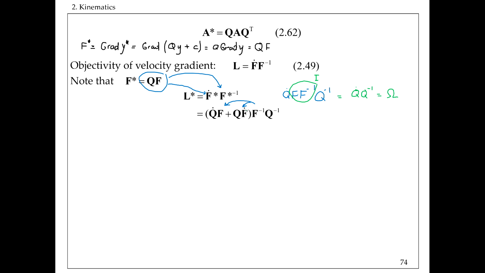Right, so the first term will produce omega when we multiply this with F inverse Q inverse, and then the second term will be... okay. So we'll have all these four multiplications, and the result is here. That will be the first term, and then the second term.